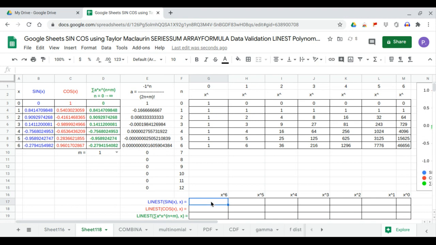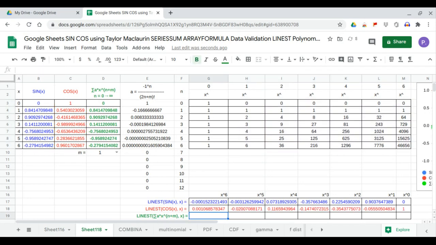Now that we have the 1 comma x matrix, we can enter the LINEST. So LINEST data y and data x. So these are the regression coefficients of the sine function. And for the cosine, LINEST data y and data x.